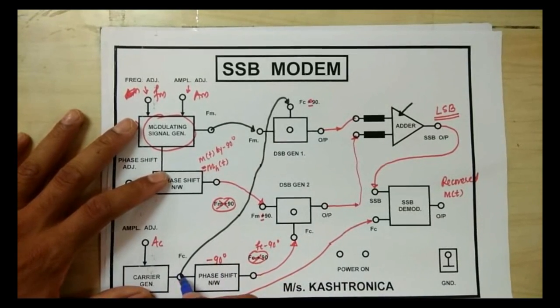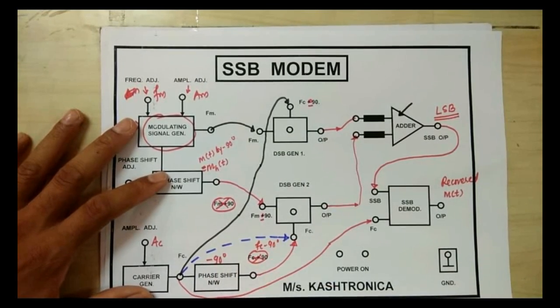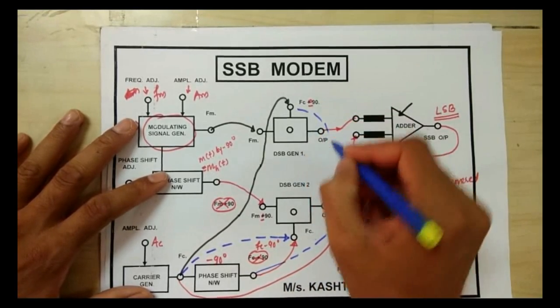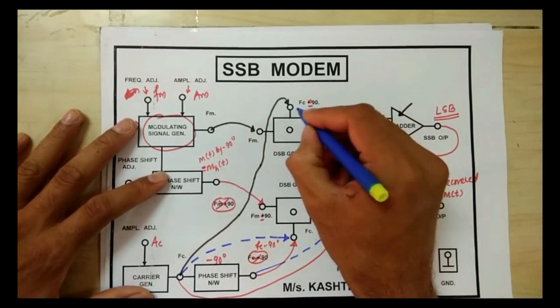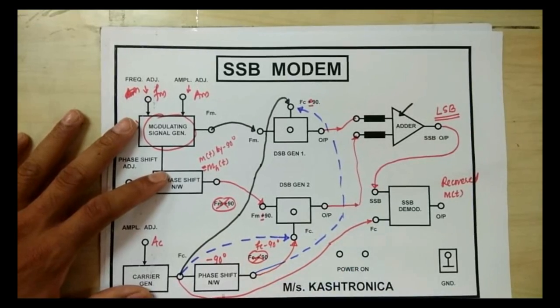Let me draw it with a blue pen. We give it to this point, and this carrier we give to this point. So we have interchanged the carrier connections.